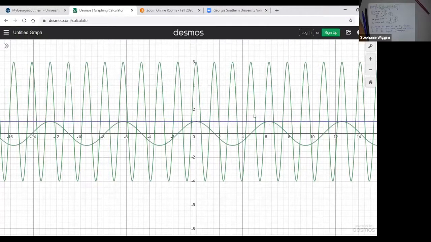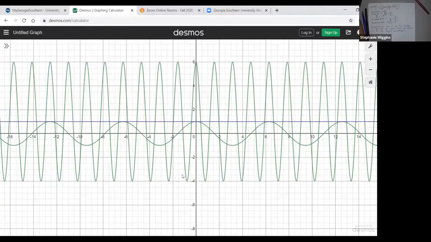And that's because of the 4 times x in the problem. And then you have your phase shift, which is pi over 4. And this is a cosine function. And I've not really seen the phase shift very well, probably because it's so small.